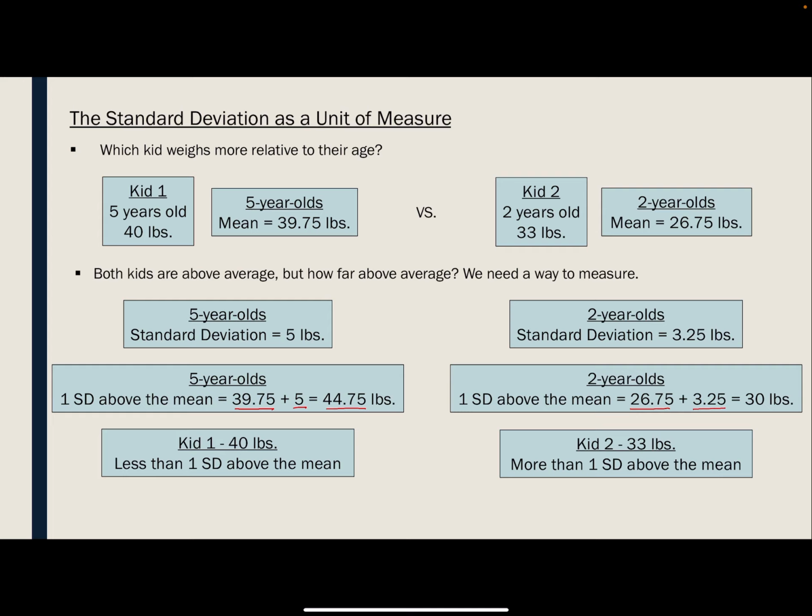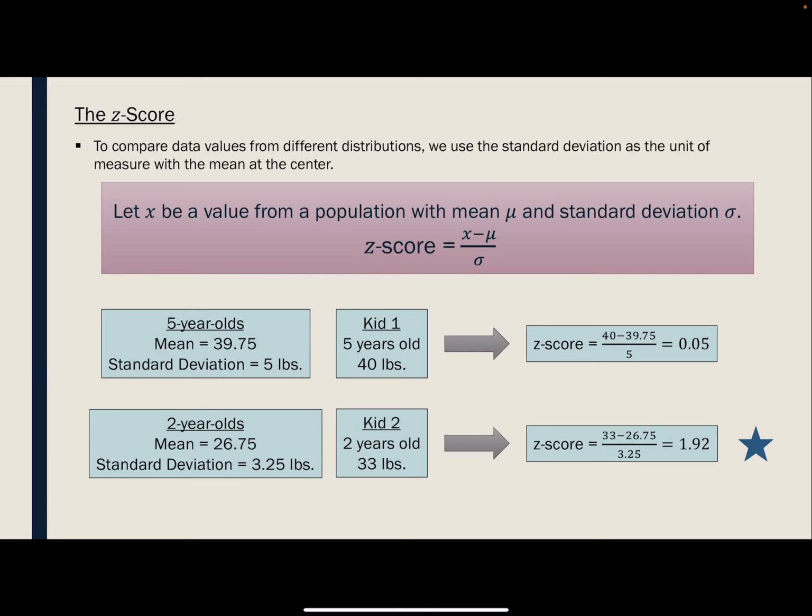So now with the combination of the mean and the standard deviation, I can look at these two measurements relative to their distributions and say that kid 2 is bigger than kid 1 relatively. But we're going to hone this in a little bit more and find what's called a Z-score.